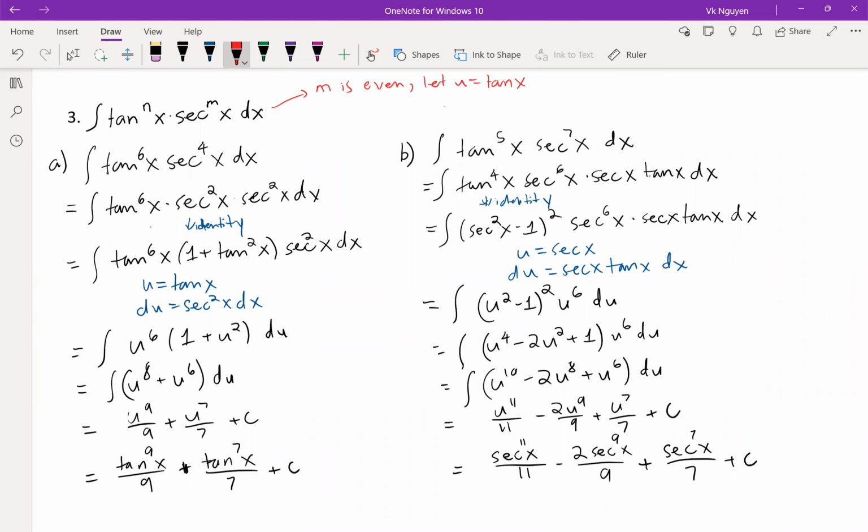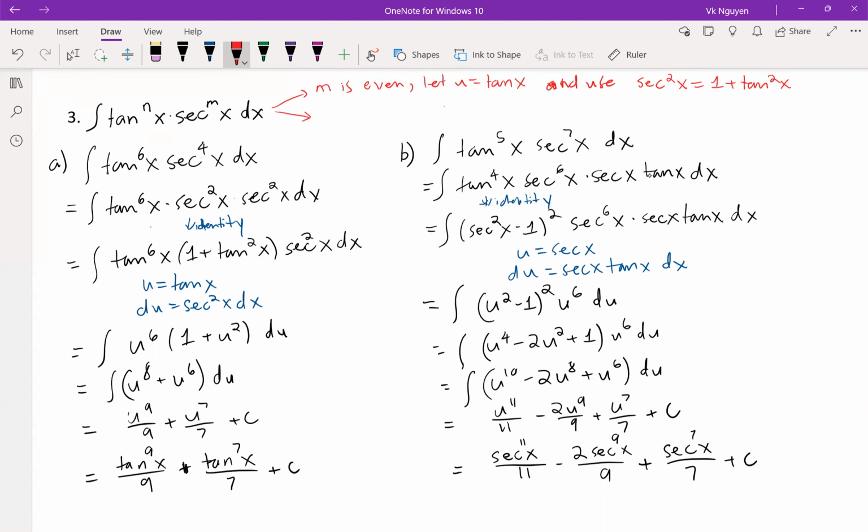And we use the identity secant square x is 1 plus tangent square x.